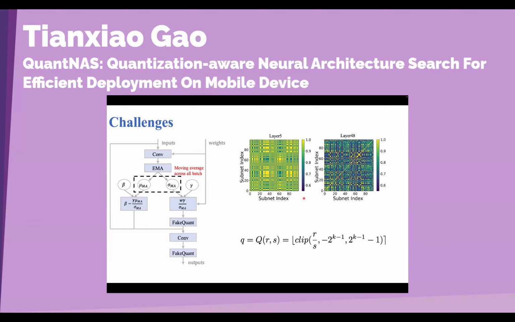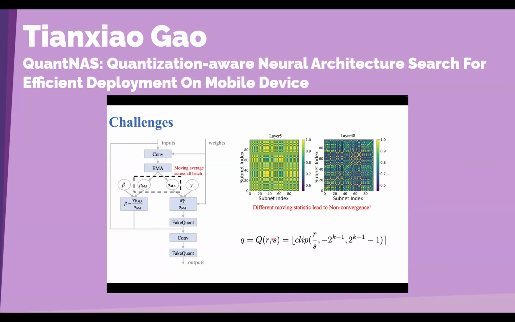As can be seen, for different subnets, the moving STD varies greatly. It is impossible to update moving STD separately for billions of subnets. If we only update one moving STD of the SuperNet across all subnets, it will mislead the direction of SuperNet optimization and result in non-convergence.